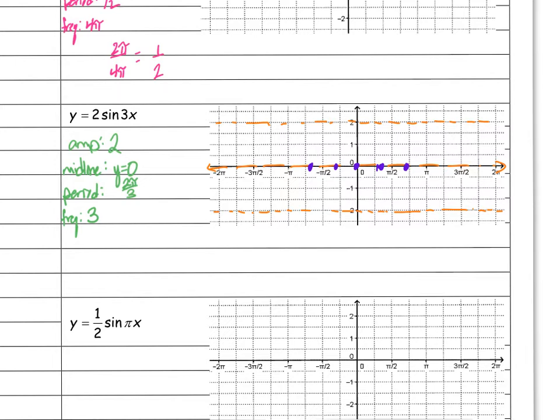So here we go. I'm going to start here with sine. I go up first, so I need to go up halfway here, and then down through there, halfway, up, down halfway, up, halfway, down.